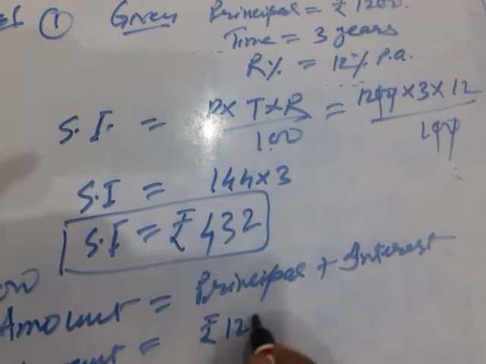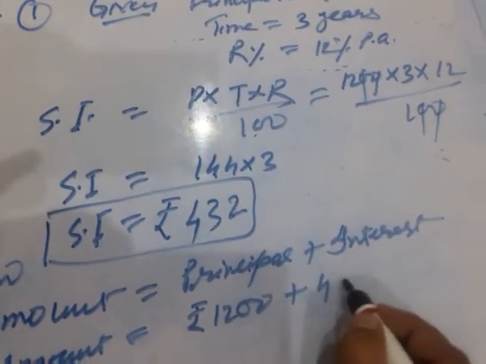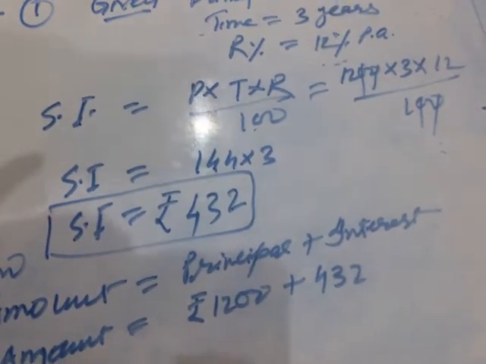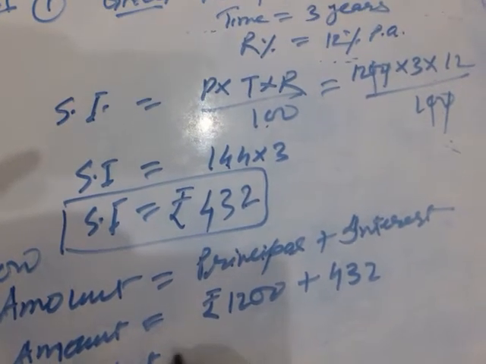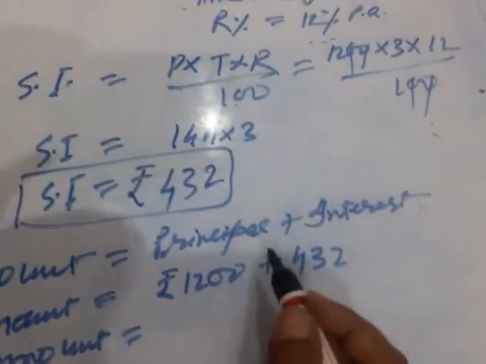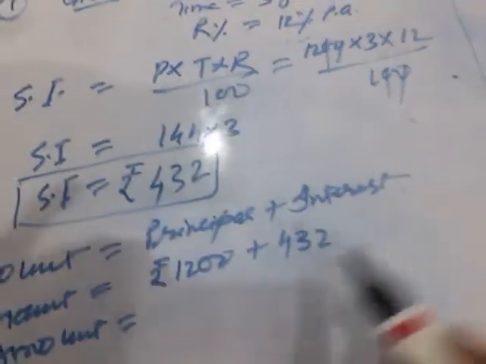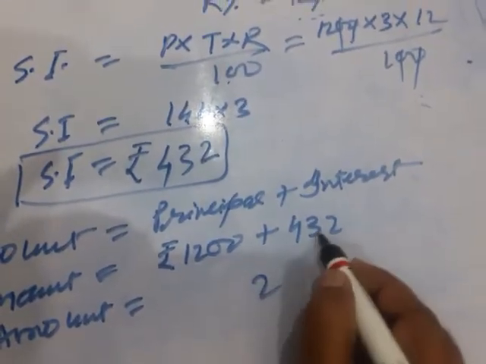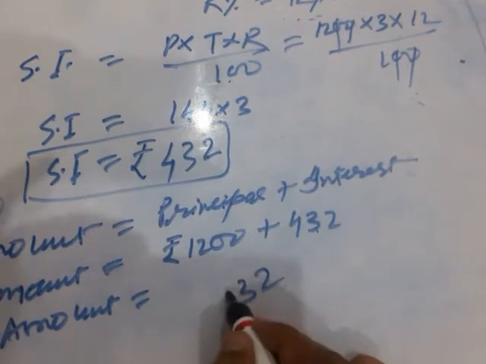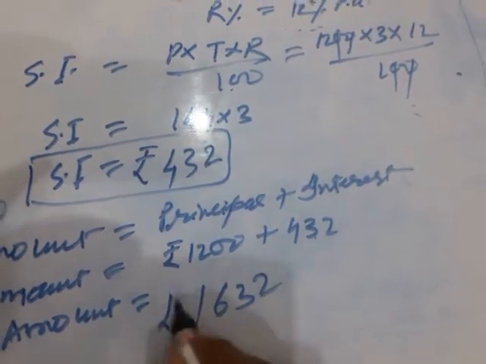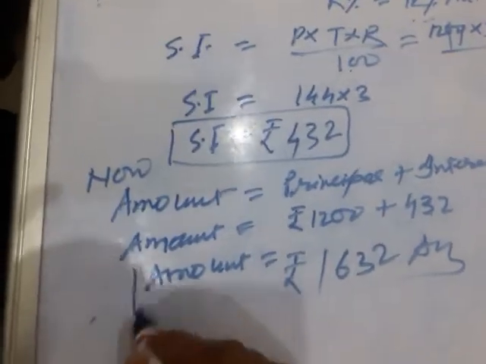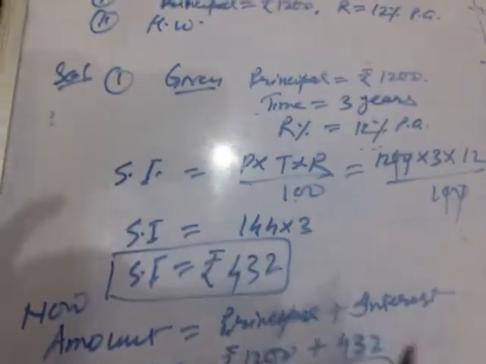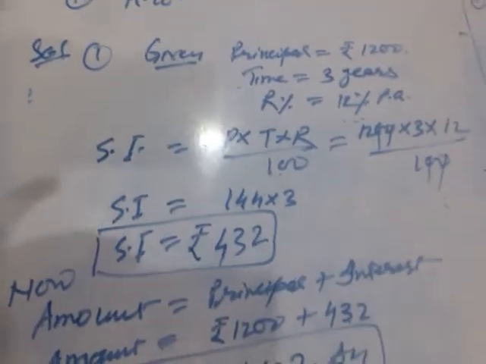Rupees 1200 plus 432. This implies that amount equal to, see, what is the solution for that? 2 plus 2 equal to 4, 3 plus 3 equal to 6, that is rupees 1632. This is the answer, children. Okay, so this is how we have to find out the simple interest. Clear? And simple interest, principal plus interest equal to amount.